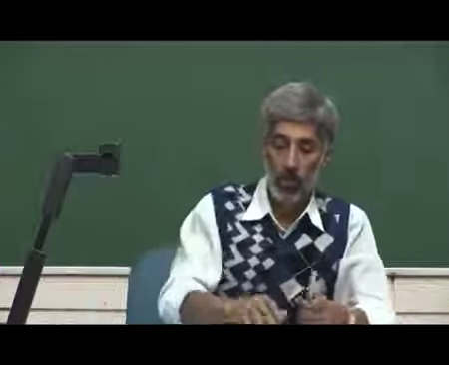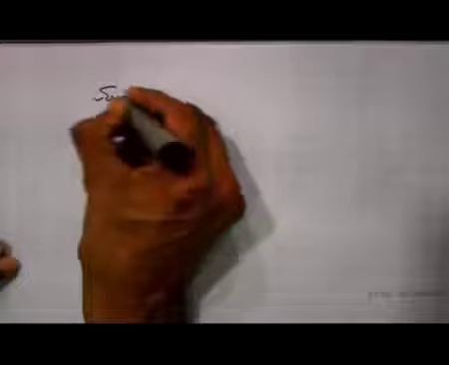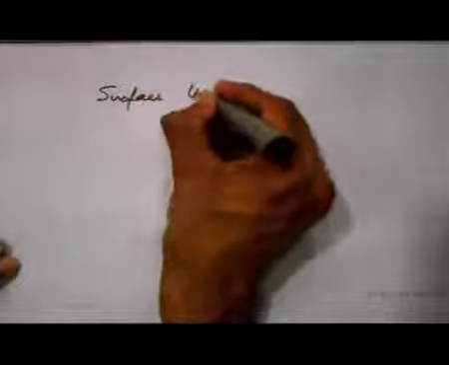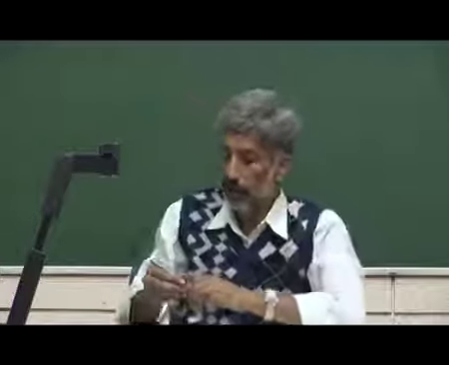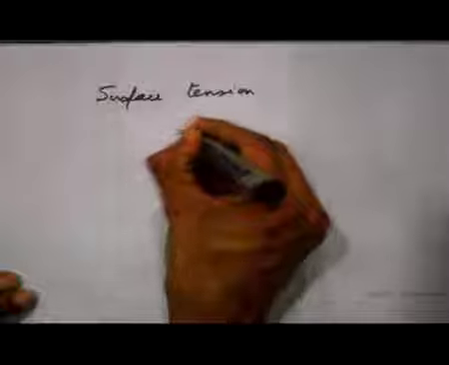So, the next thing that we will look at very quickly is surface tension. Now, we all know that if you took a liquid, it tends to form spherical particles, right. It tends to form small ones. So, if you take a small drop, the drop actually tries to attain spherical shape.